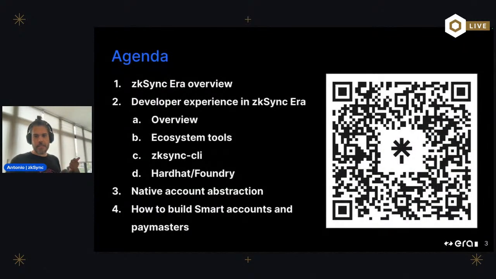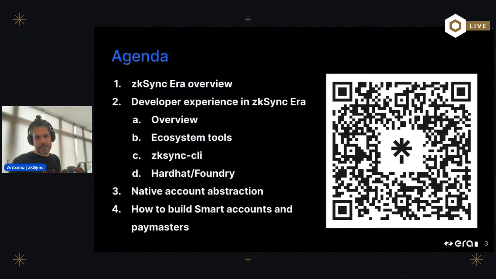So this is the agenda for the next 45 minutes or so. First, we're going to see what is ZkSync, just a quick overview in case someone is new to layer 2s or not familiar with ZkSync. Then we'll do a quick recap on how you actually use and develop applications on ZkSync. We'll continue with an overview of the different tools that we provide.